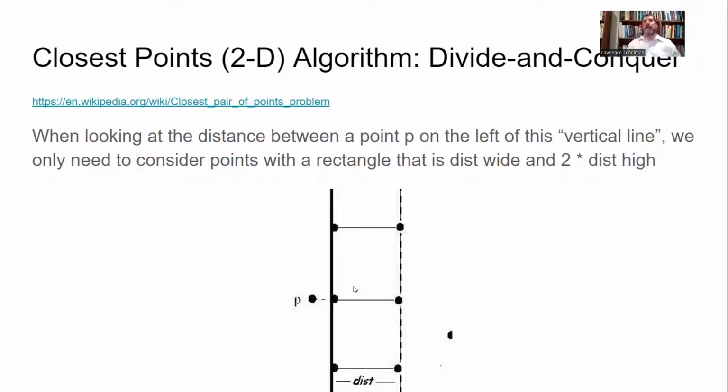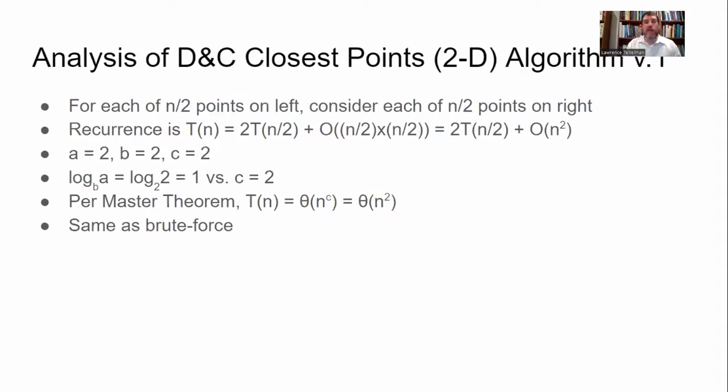So what this is saying is it's not really true that I need to check n over 2 points on the left and n over 2 points on the right compared with each other, because I cannot have that many points so close to the line. If I had so many points close to the line, then I would have found a smaller distance on one side of the line or the other. So we're going to modify our analysis.